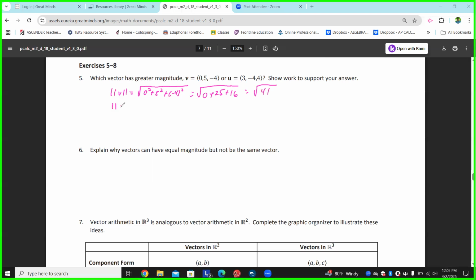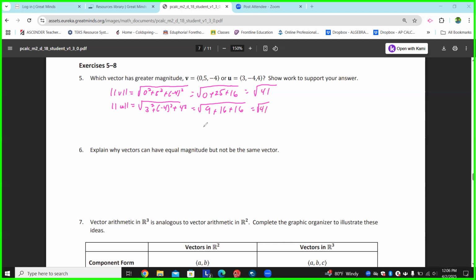Now let's go find the magnitude of U. Square root of 3 squared plus -4 squared plus 4 squared. 3 squared is 9, -4 squared is 16, 4 squared is still 16. 16 plus 16 is 32 plus 9, 41.